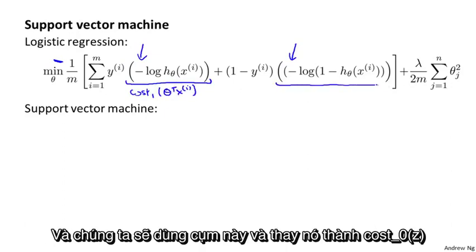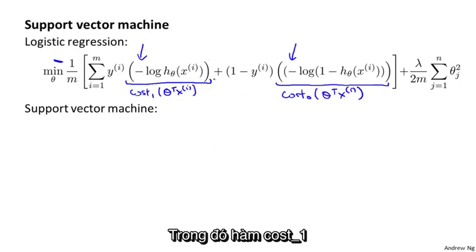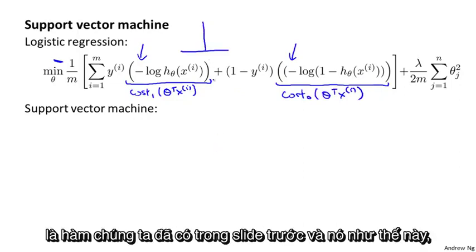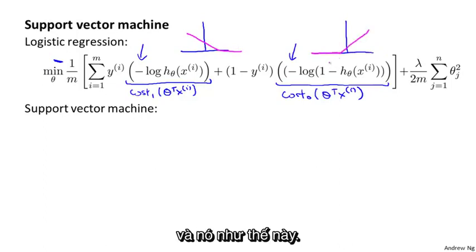And we're going to take this and replace it with cost 0 of z, that is cost 0 of theta transpose x. Where the cost 1 function is what we had on the previous slide that looks like this, and the cost 0 function, again, what we had on the previous slide, looks like this.